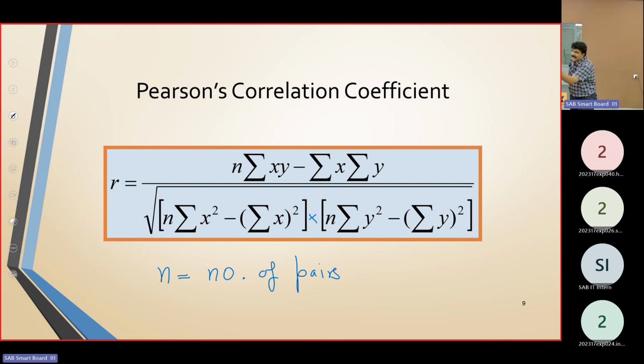Here we have this n. n means the number of pairs of data. How many pairs do you have? That is n. n is the number of pairs.